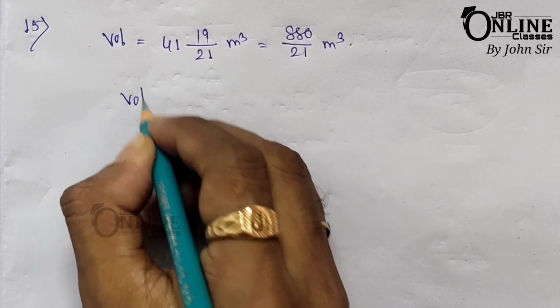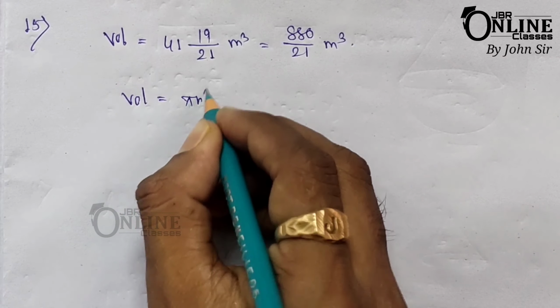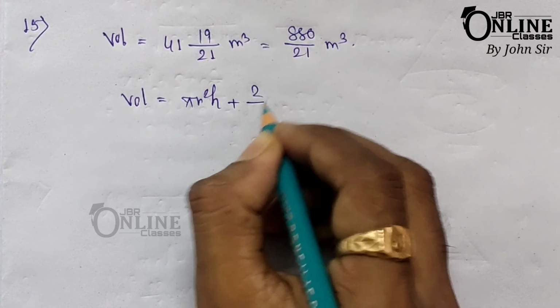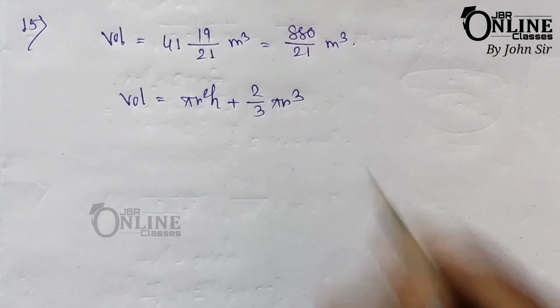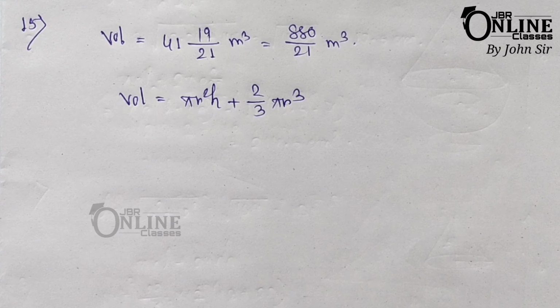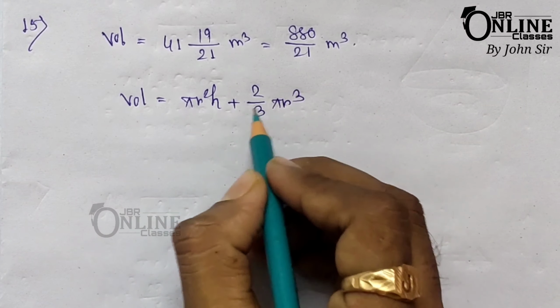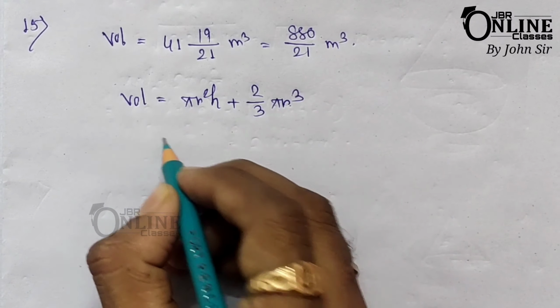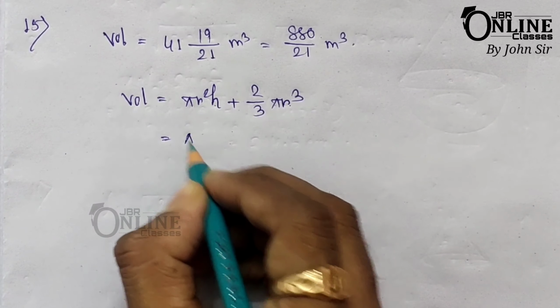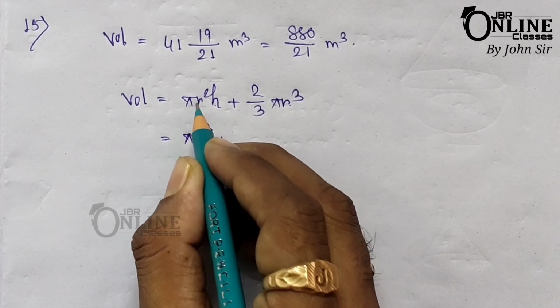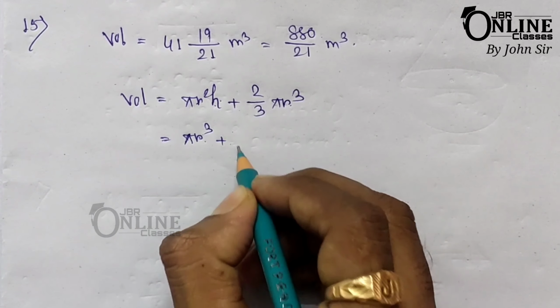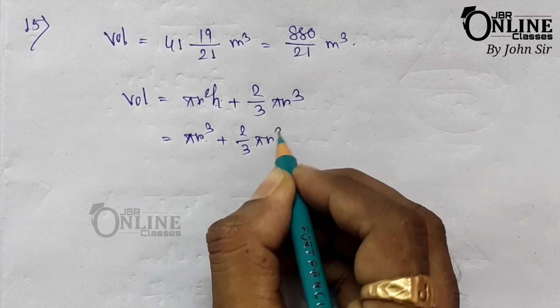So the volume will be pi r square h plus 2 by 3 pi r cube. So now here pi r square h plus 2 by 3 pi r cube. So as h equal to r, it becomes pi r cube, as r square into r becomes r cube, then 2 by 3 pi r cube.